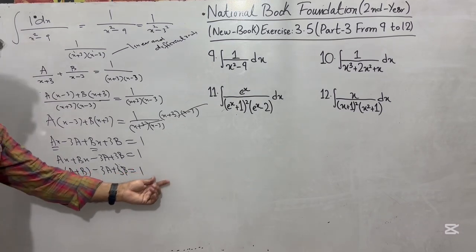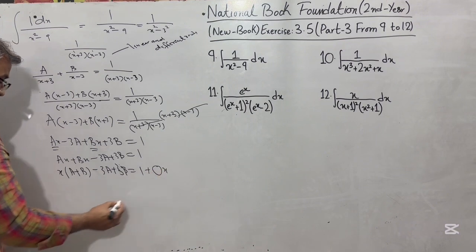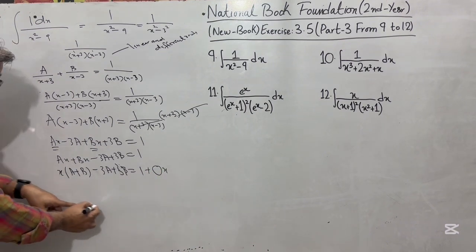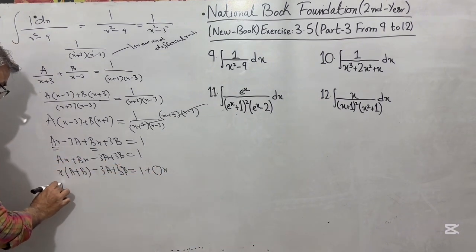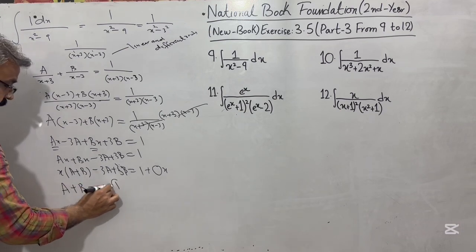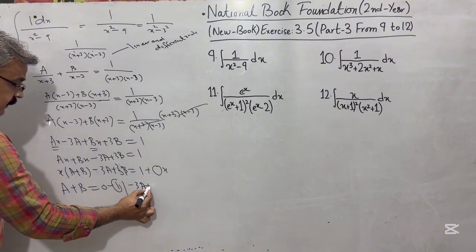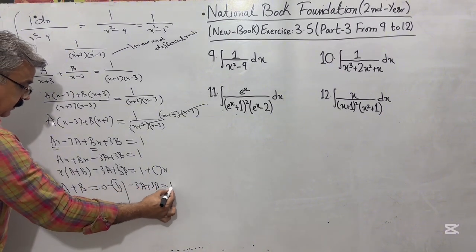There is no x on the right side, so one can write 0x. Comparing the coefficient of x with the coefficient of x, we have first a plus b is equal to 0, equation number 1, and second, constant equals constant: minus 3a plus 3b is equal to 1.